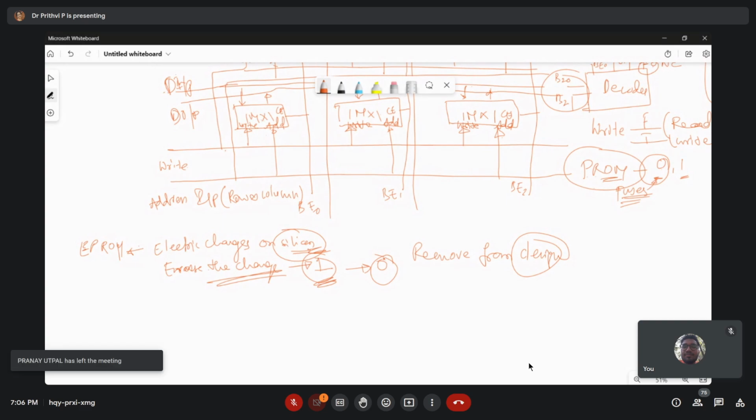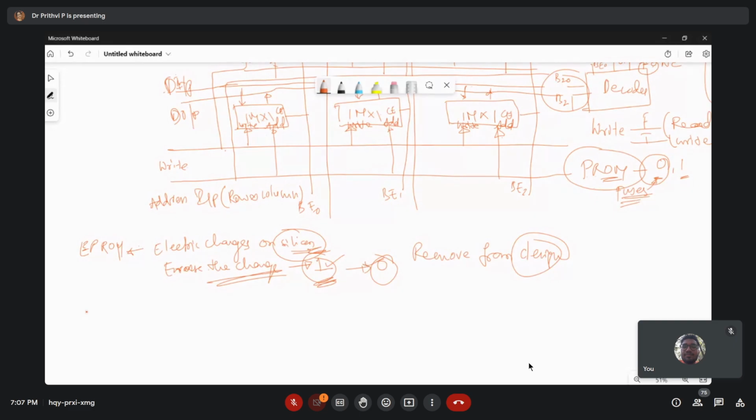So when I want to do charging or discharging, I need to frequently remove the memory from the design and store either 1 or 0. This is disadvantageous. Every time we cannot remove that from the circuit.